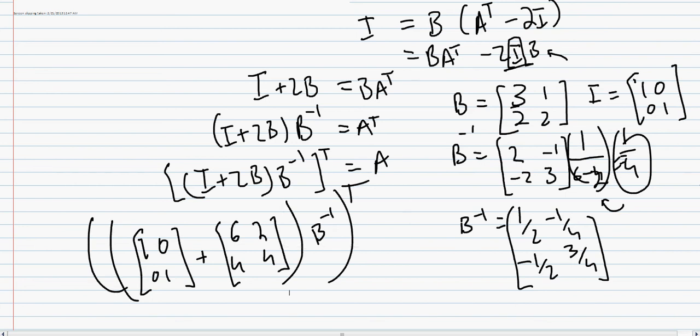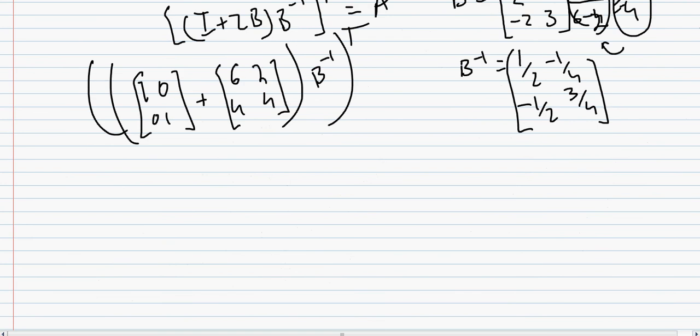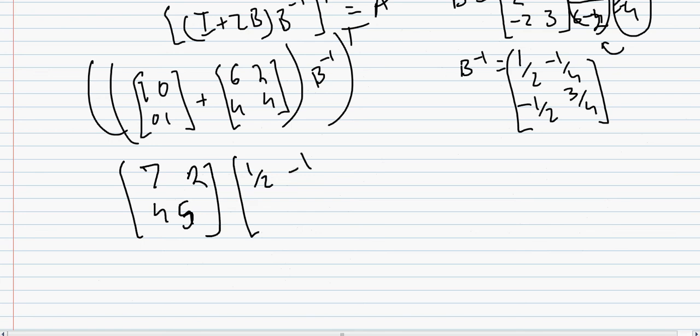So if you continue on, we get something like [7, 2; 4, 5]. And then we multiply that by the inverse, and the inverse is just [1/2, negative 1/4; negative 1/2, 3/4].